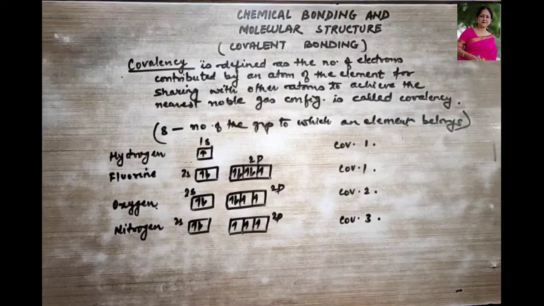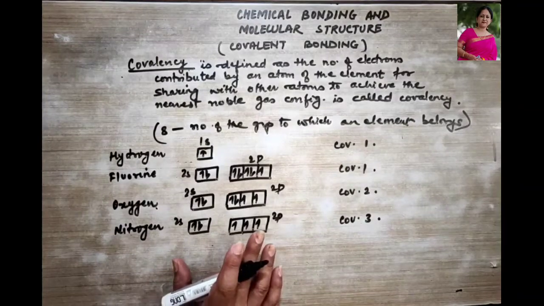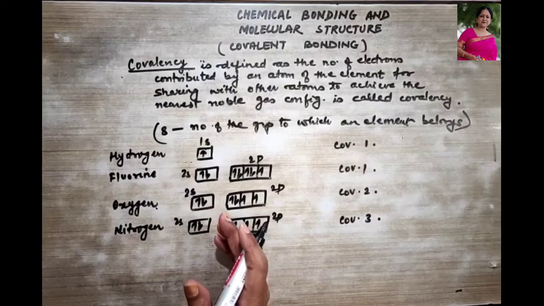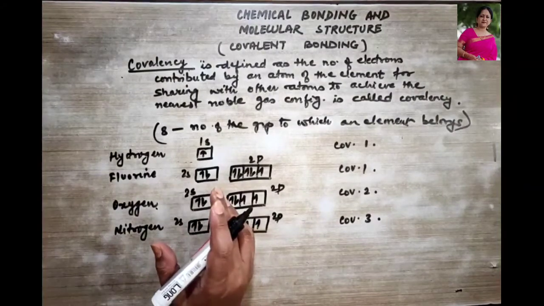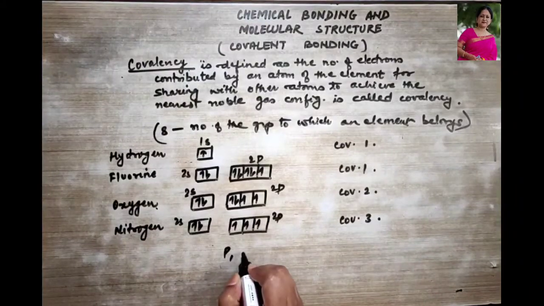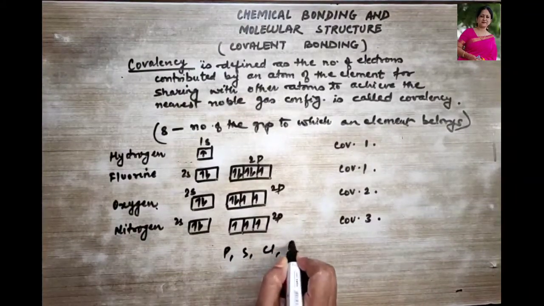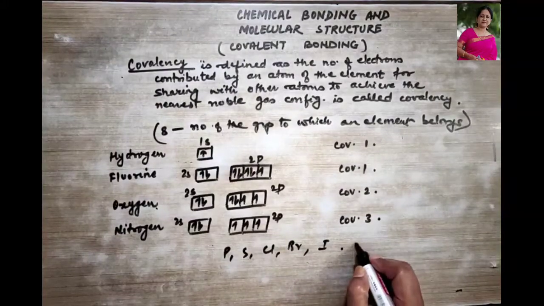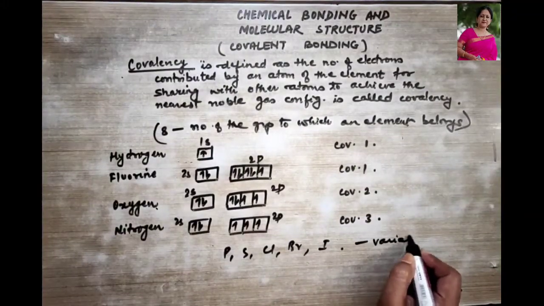So these 4 elements do not possess d orbitals in their valency shell, right? The elements having vacant d orbitals in their valency shell, for example phosphorus, sulfur, chlorine, bromine and iodine, all show variable valency.